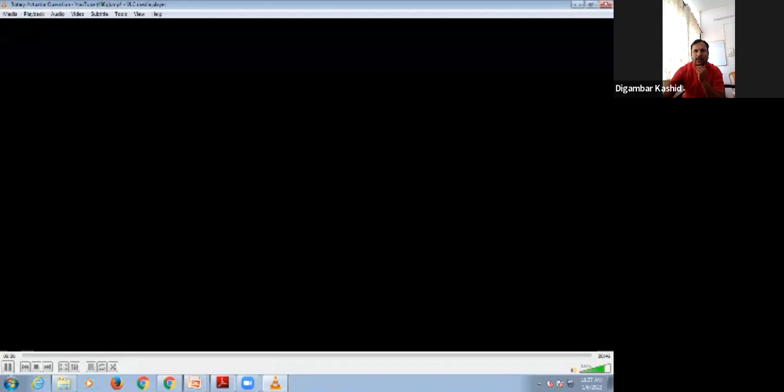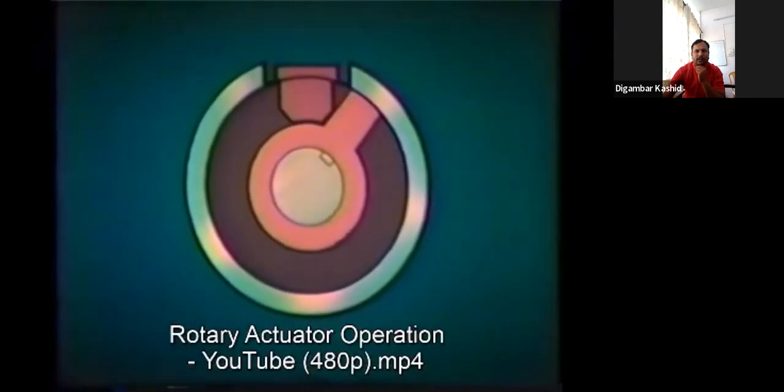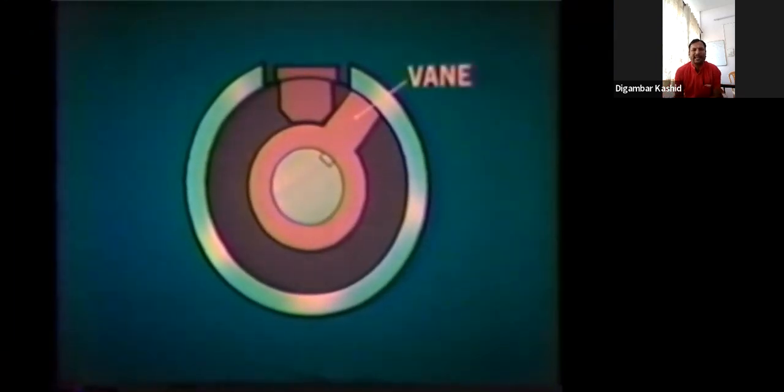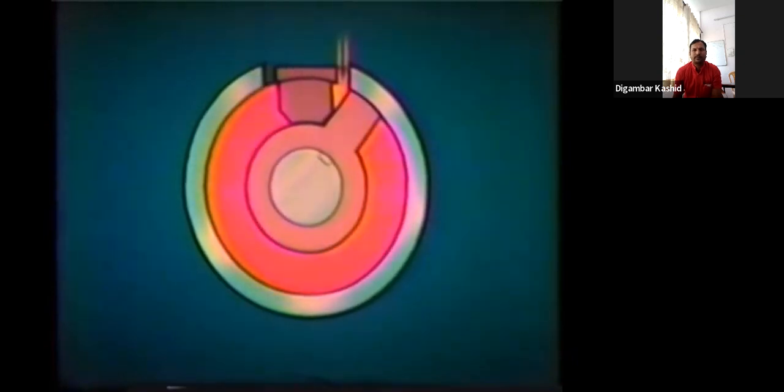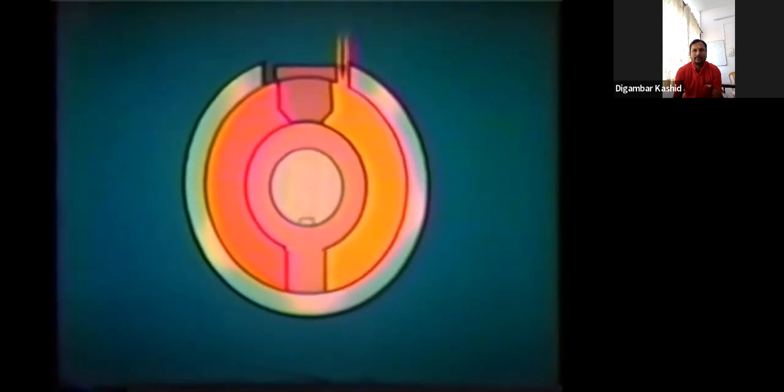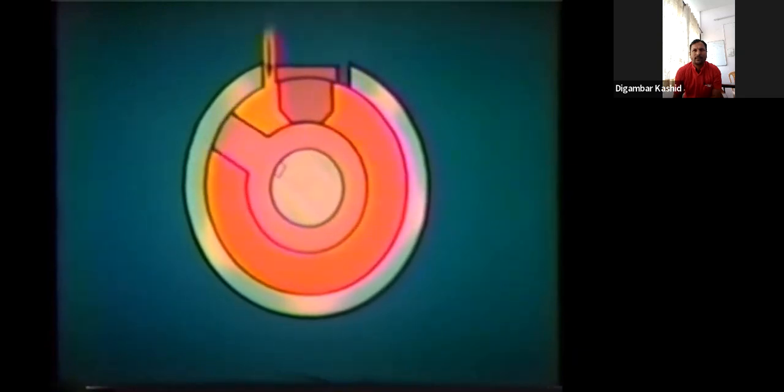Design of a rotary actuator consists of a short cylindrical chamber enclosing a vane fixed to a central shaft and a shoe, which partitions the chamber into compartments on either side of the vane. The chamber is formed by a body bore closed at each end by a head, which supports the shaft assembly in an anti-friction bearing. Specially compounded seals help prevent leakage past the shoe and vane.